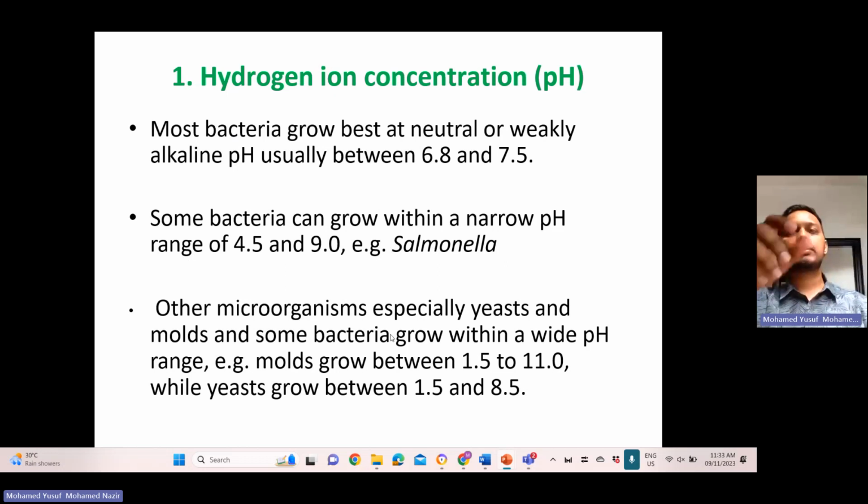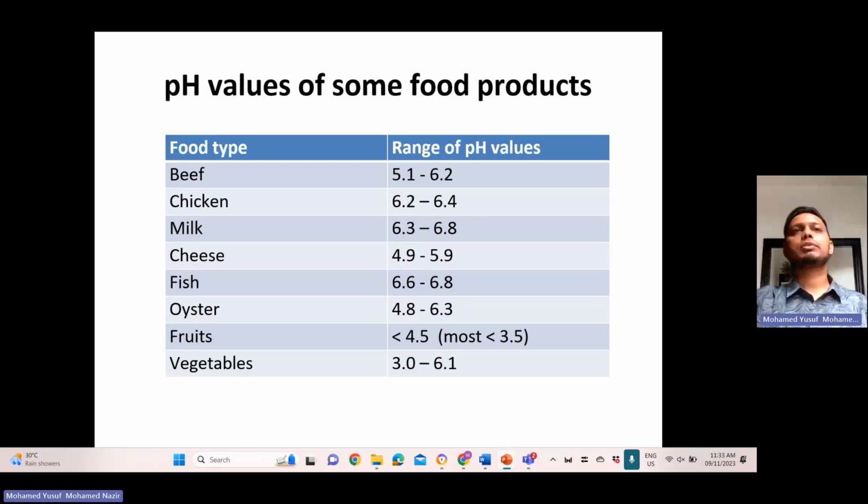Some microbes can also grow in a wide pH range. For example, mold can grow between pH 1.5 to 11, and yeast can grow between 1.5 to 8.5. So this characteristic will affect the ability of the microbe to grow on foods.